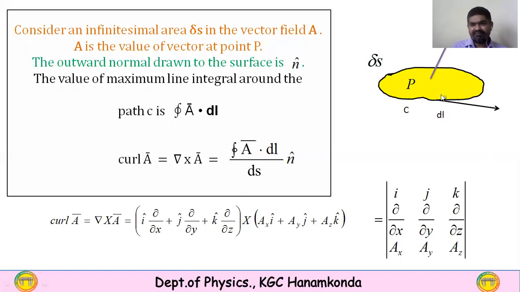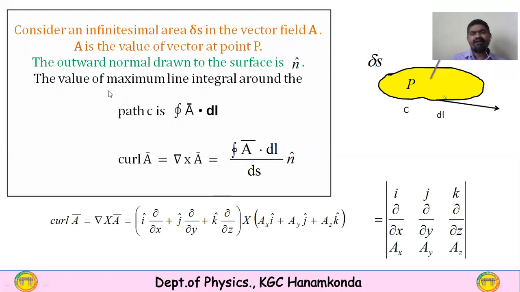So, in this area, I am taking a point P. There, the value of the vector field is A bar. Here I have drawn a unit normal vector, which is perpendicular to this plane along this direction. You see here, this is represented by the unit normal vector n cap.